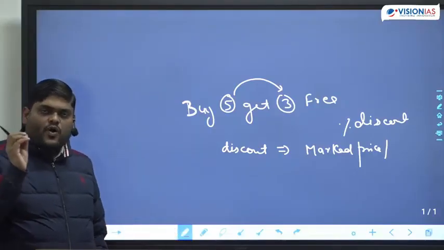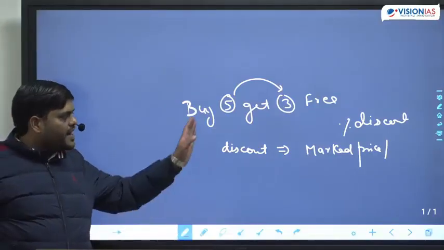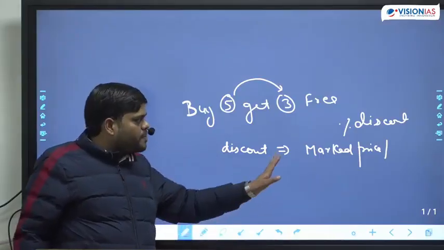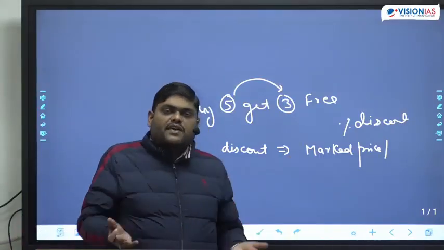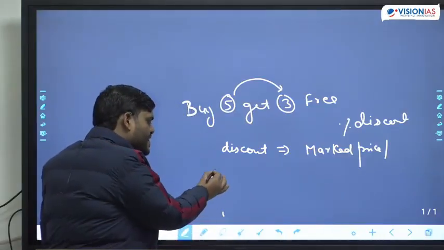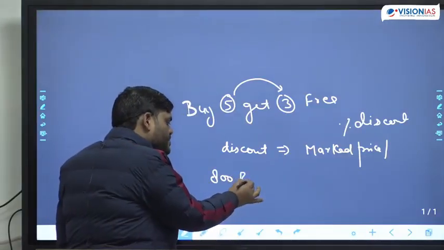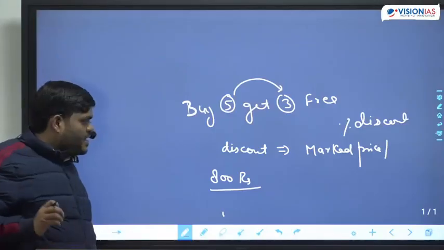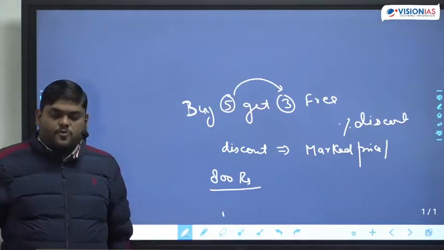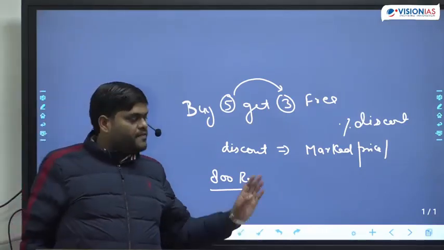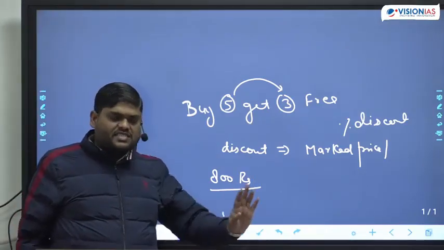If the shopkeeper is not giving any discount, the shopkeeper will earn 800 rupees. Are you getting my point? As simple as that.